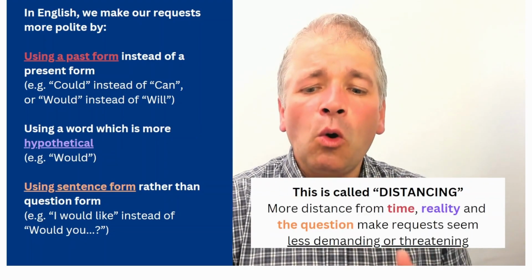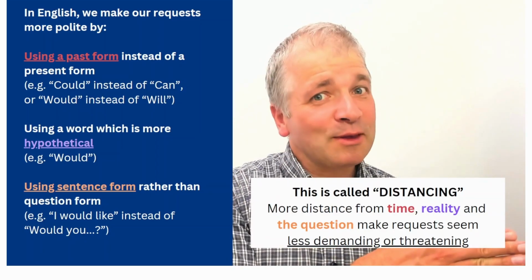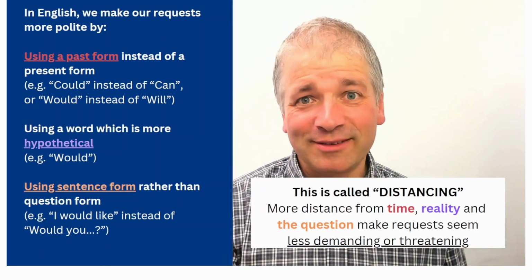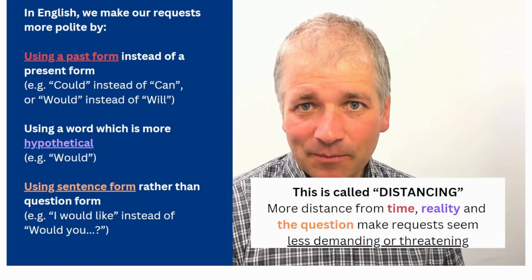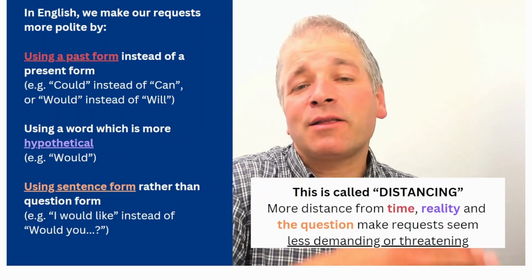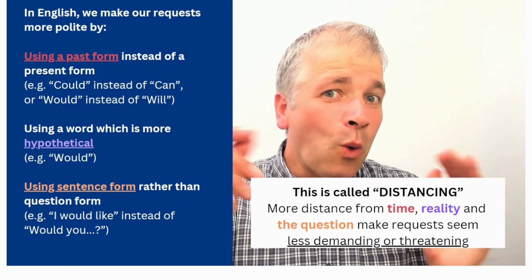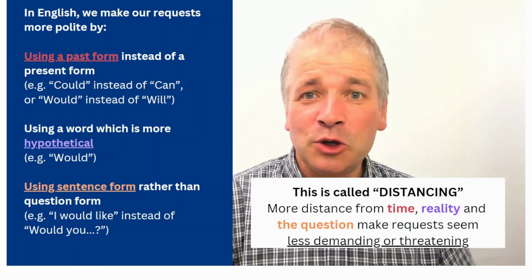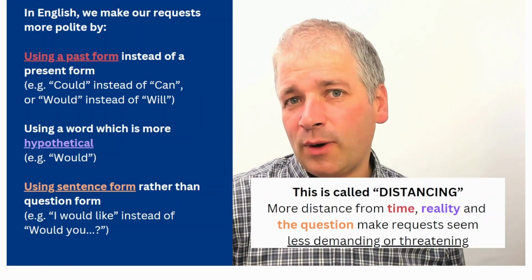If there's more distance from time, so past is more distant in time than the present tense, or more distance from reality, so would, hypothetical, has more distance from reality than if we didn't use it, or more distance from the question itself, so using a sentence puts distance from the fact you're asking a question.